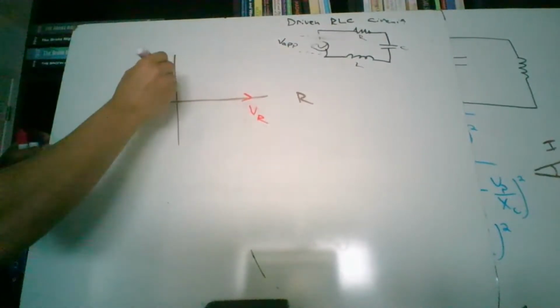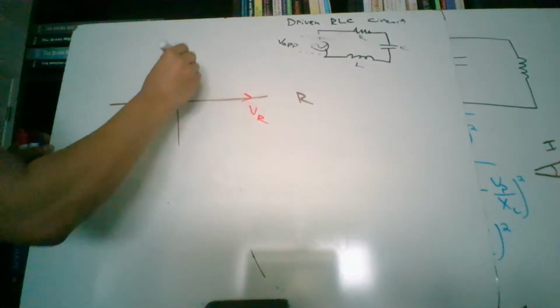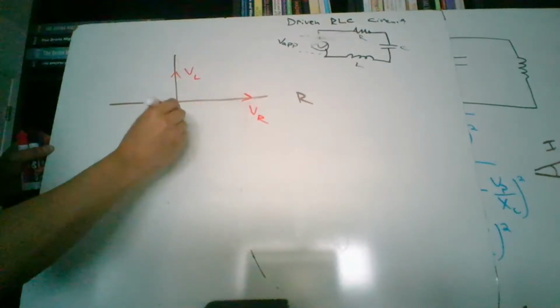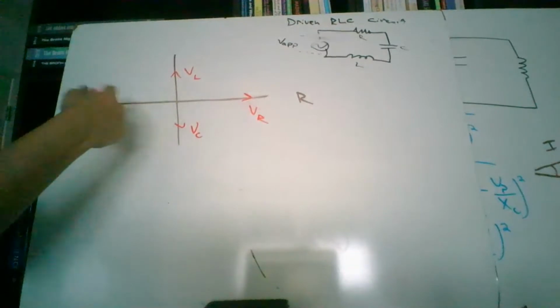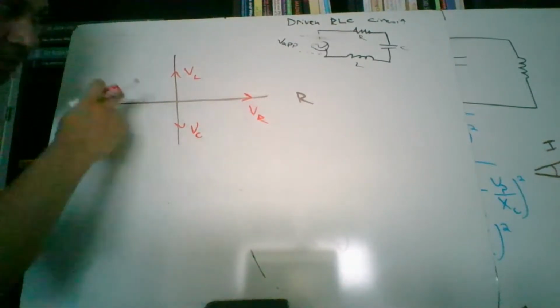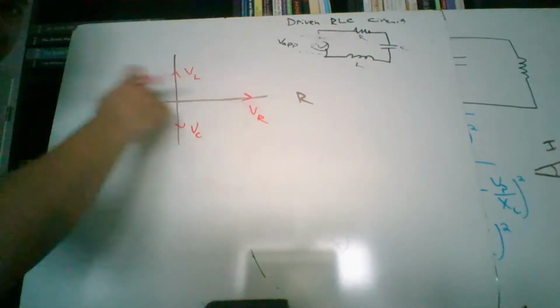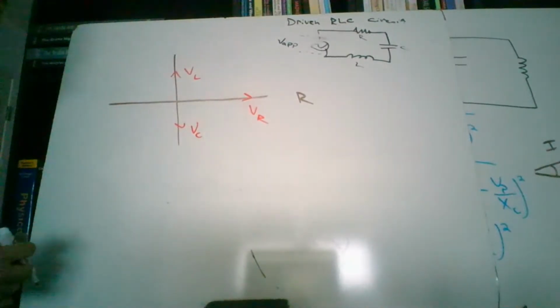And then going up this way would be the voltage of the inductor. Going down this way would be the voltage of the capacitor. And then you know from complex planes, you add up all the real stuff and then you add up all the imaginary parts.